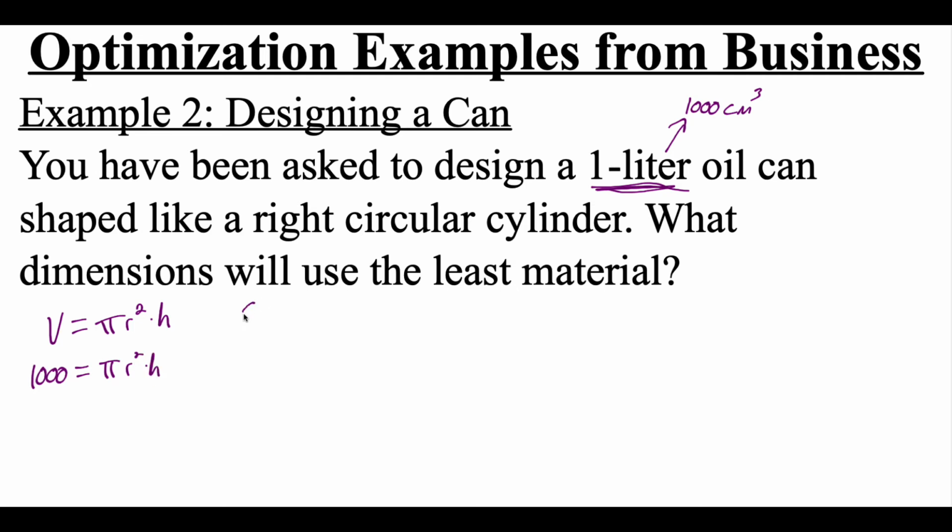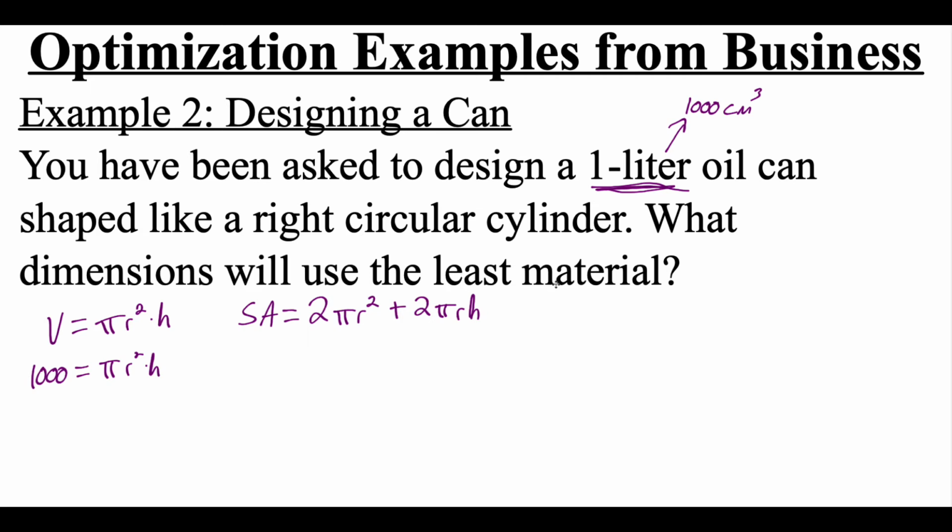Now, as far as the surface area of our can, the formula there is 2 pi r squared. That amount comes from the circular bases on the top and on the bottom. But then we've also got 2 pi r times the height. And that comes from the material going around the outside of the can.